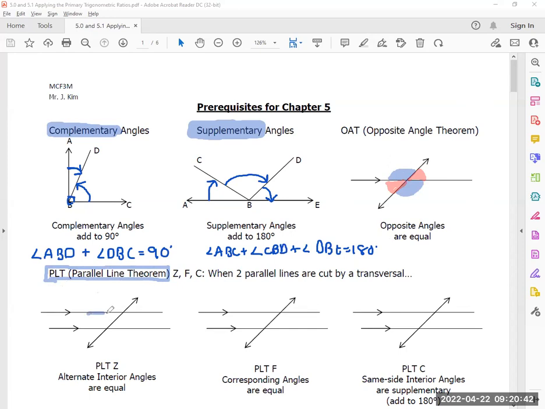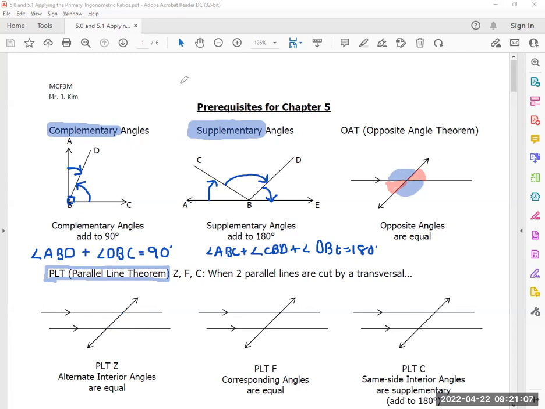Do you see this letter Z? With me? Yeah. The interior angles, the corners of that letter Z will have equal angles. So this angle and that angle are equal.